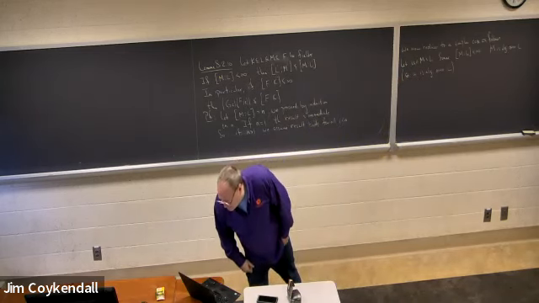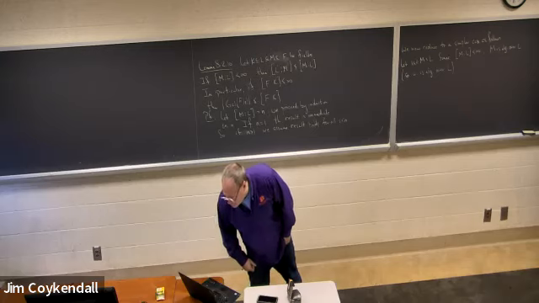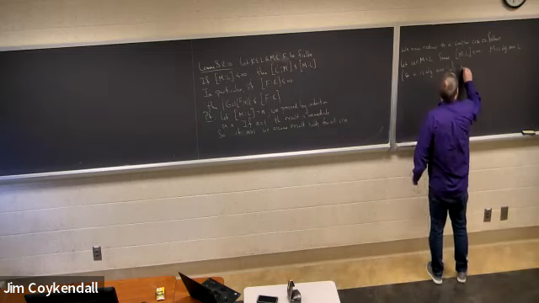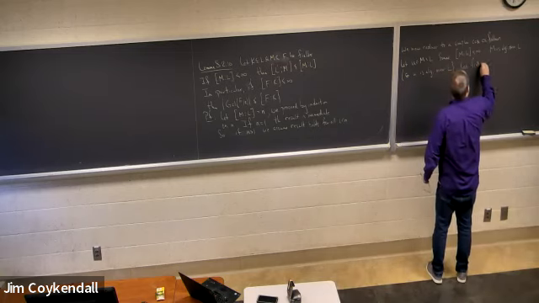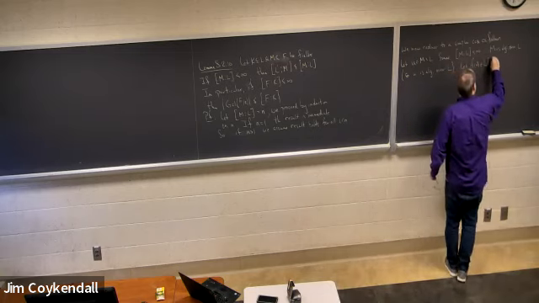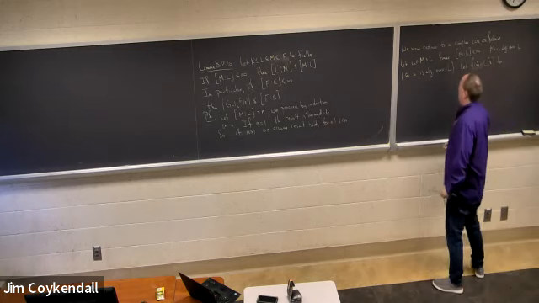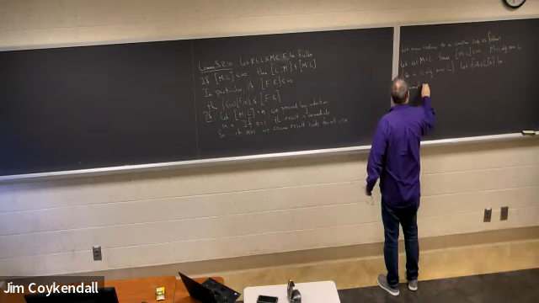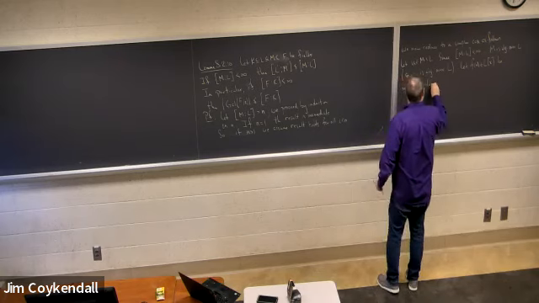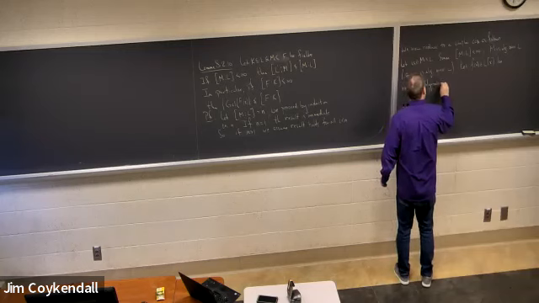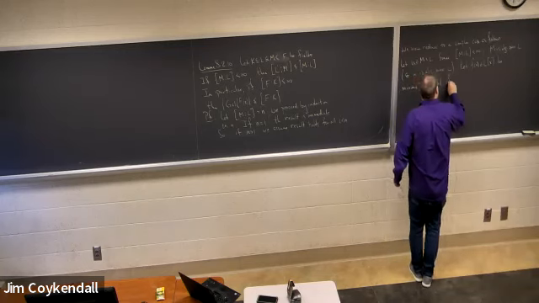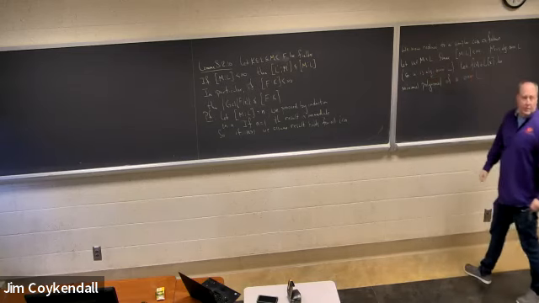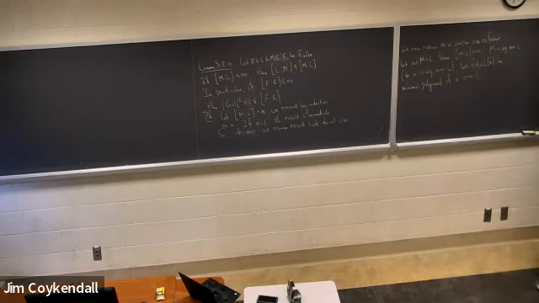So let f be the minimal polynomial of u over L. Since u is algebraic, it has to have this minimal polynomial.